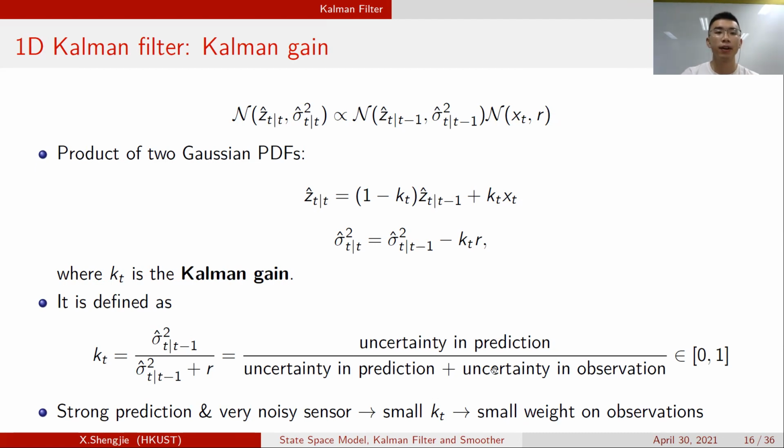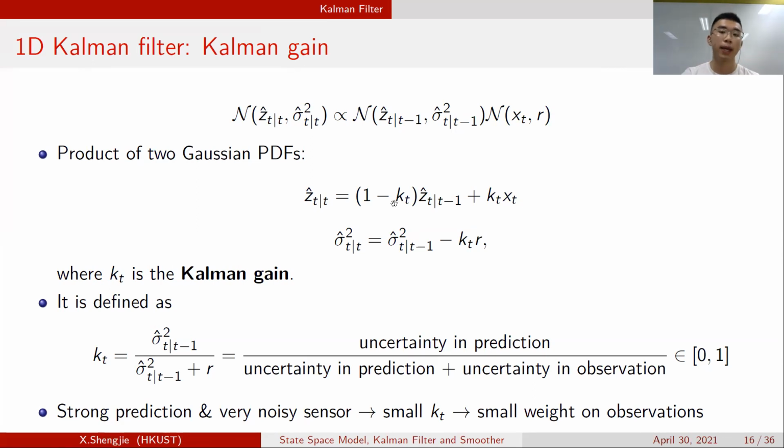As you can see, the Kalman gain gives us the information of how much we should trust the prediction or how much we should trust the observation. A simple example: when we have a really strong prediction, which means the uncertainty in the prediction is pretty small, and a very noisy sensor, the uncertainty in observation is pretty large, then this Kalman gain will become pretty small.